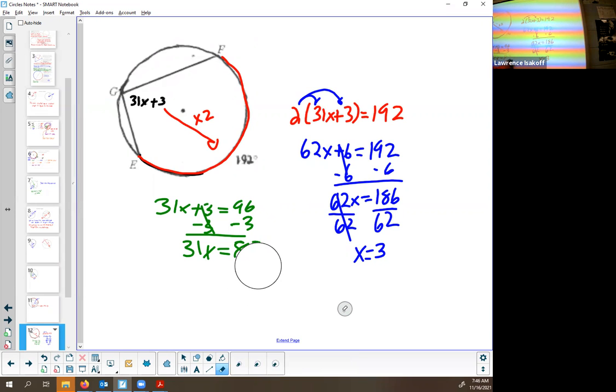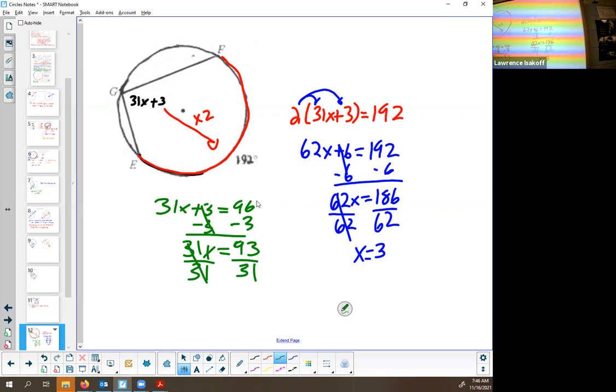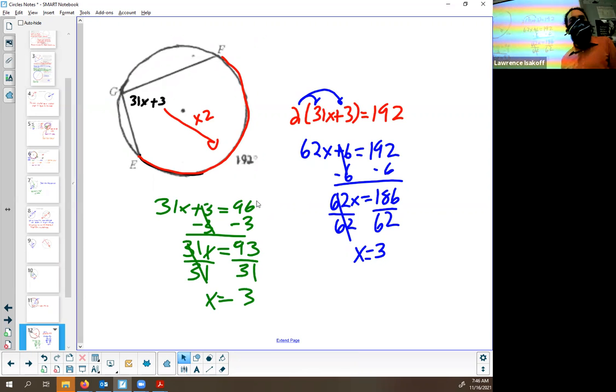Subtract 3, and we'll get 31x equals 93. Then we would divide by 31. And that gives me x is equal to 3 as well. So you weren't wrong. I just say usually we distribute there. So I went with what we usually do.